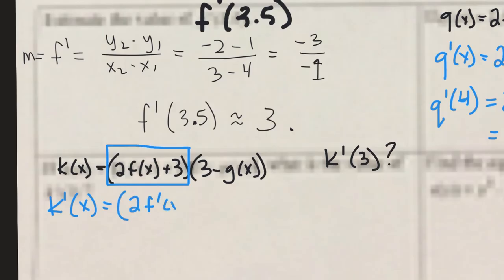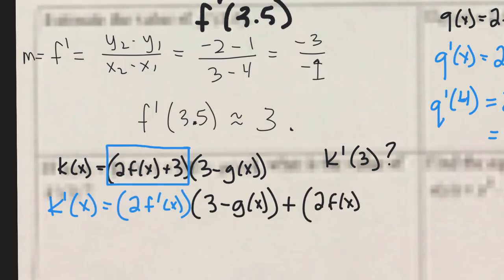2f prime of x, because the derivative of a constant is 0. It does not have a slope. So the derivative of 2f of x plus 3 is 2f prime of x. And we multiply it by the second thing left alone. Plus the first thing, 2f of x plus 3, times the derivative of this guy, 3 minus g of x.